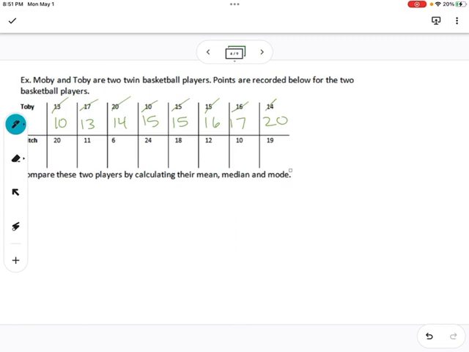Our names don't match up here. Let's change this one to Mitch. Okay, so for Mitch, we're going to order these. So 6, 10, 11, 12, 18, 19, 20, 24.